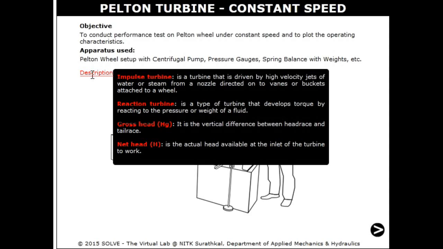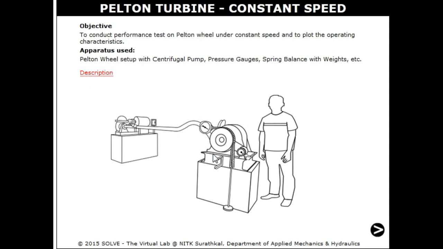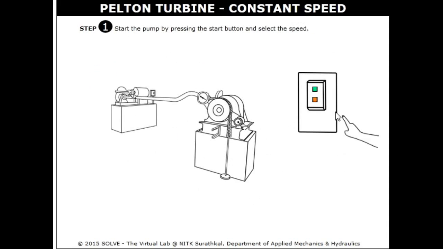But in the case of a reaction turbine, the pressure will also contribute to the power generation over the blades. Part of the pressure energy is extracted over the moving blades.